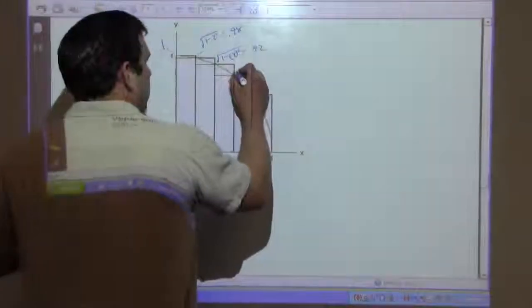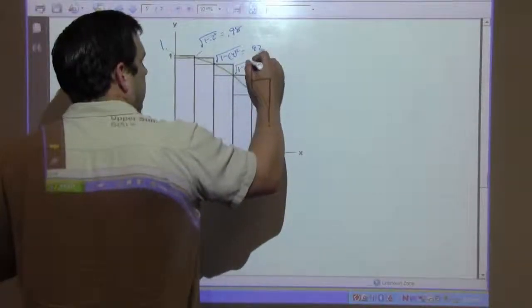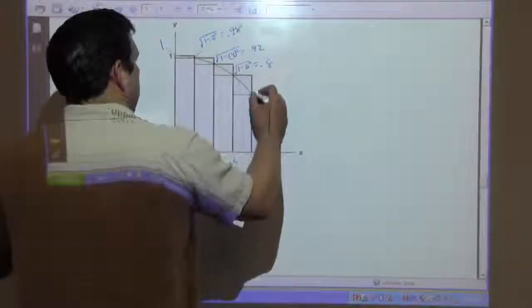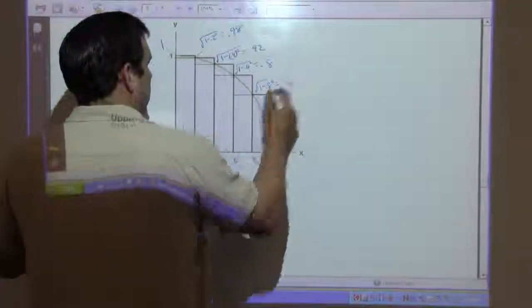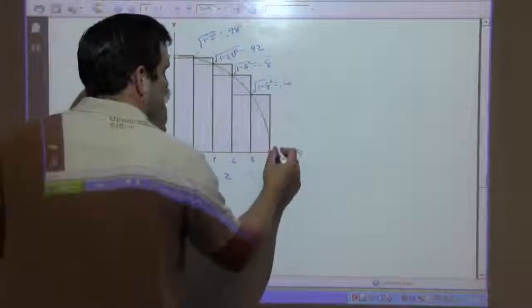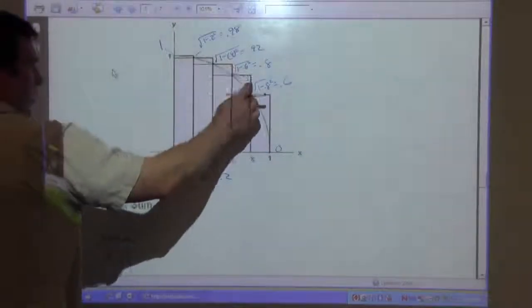And then this one is going to be the square root of 1 minus 0.6 squared, and that's 0.8. And then we have the square root of 1 minus 0.8 squared, that's 0.6. And of course this is 0. So for the upper sum, we take the highest of each of these intervals.